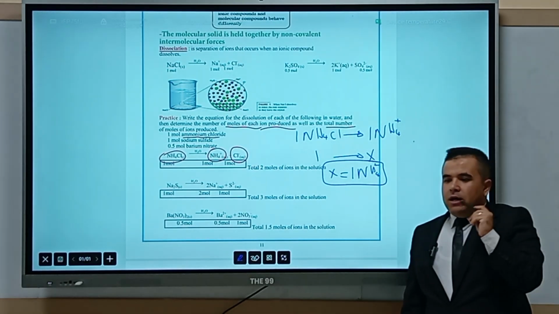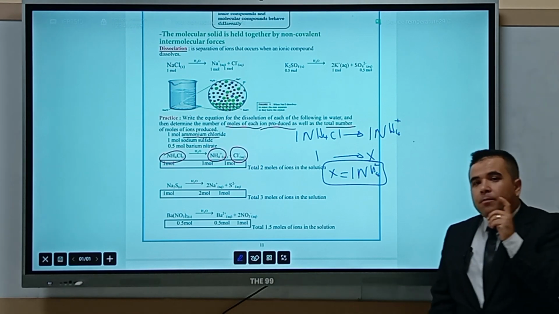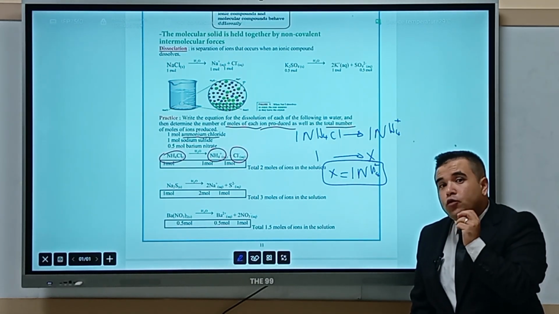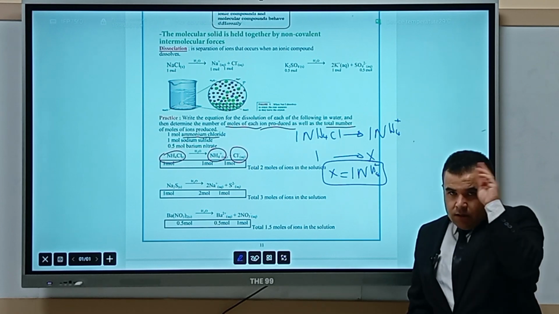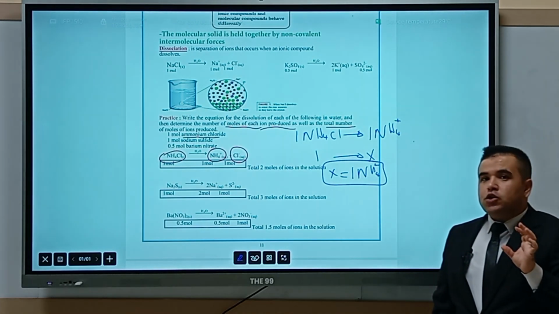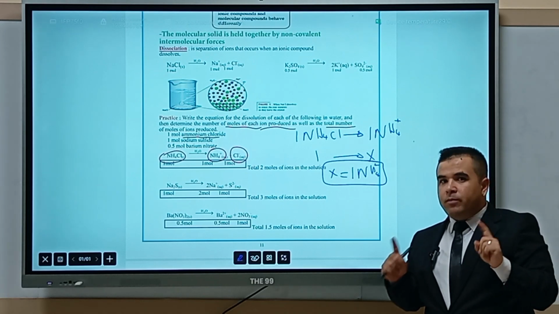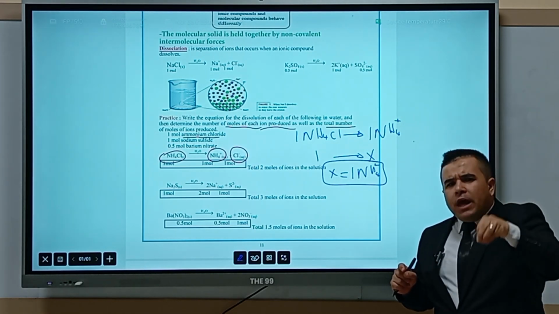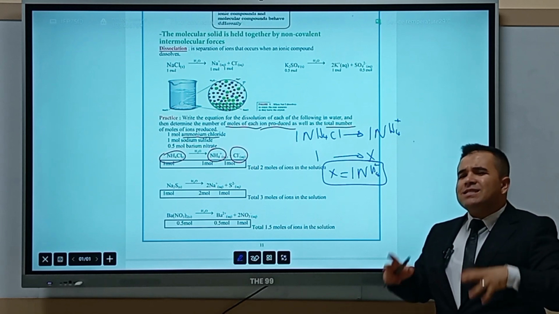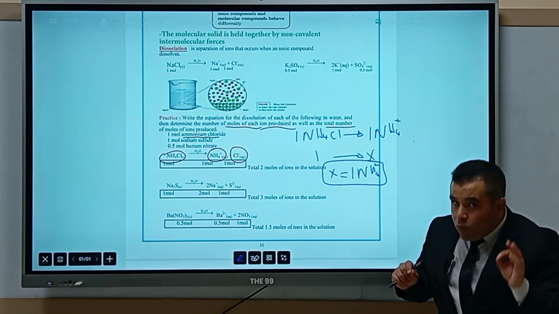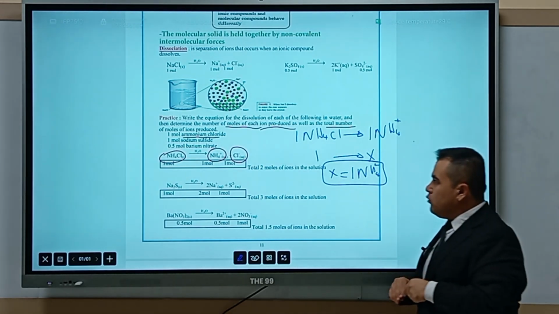Let me tell you guys a tip for this. Whenever the coefficients of two substances in an equation are equal after balancing the equation, any amount of one of them will produce the exact same amount of the other.